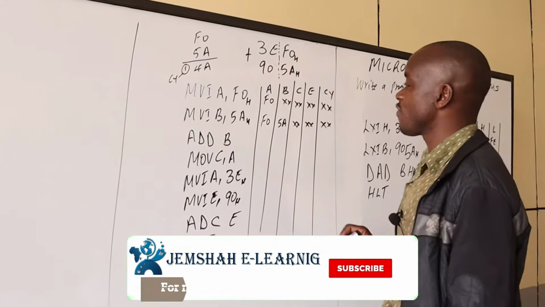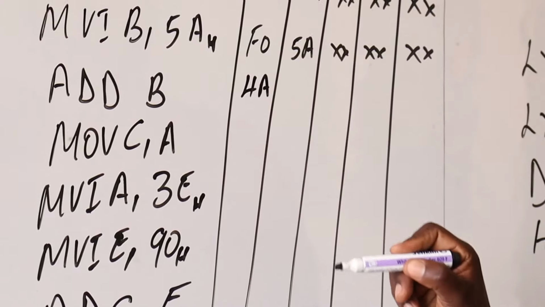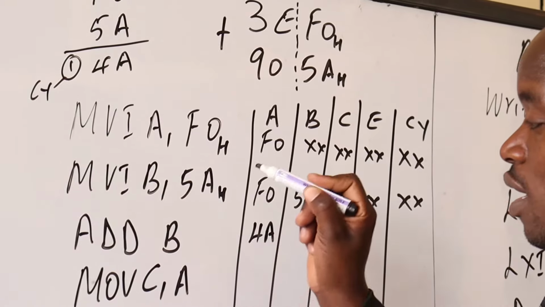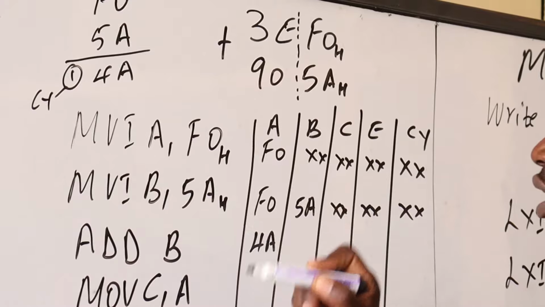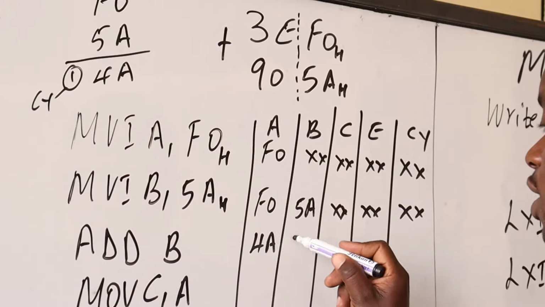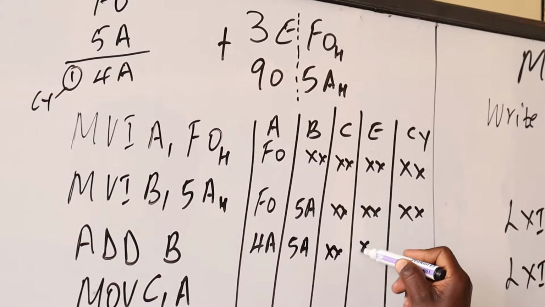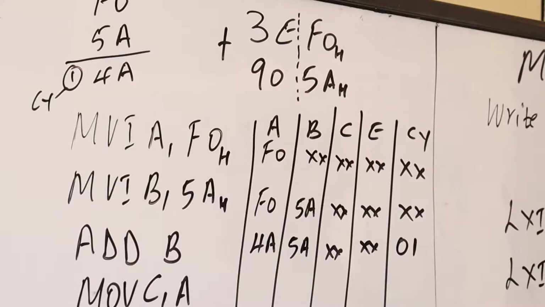The result in A will be 4A, because we agreed that add B means whatever is in A plus what's in B, and the answer goes back to A. So here we have 4A, here we have 5A. We don't know what's in C, we don't know what's in E, but we are sure there's a carry in the carry flag.